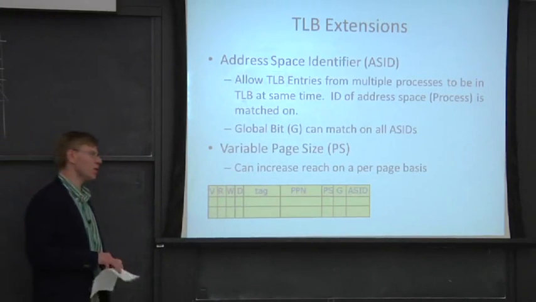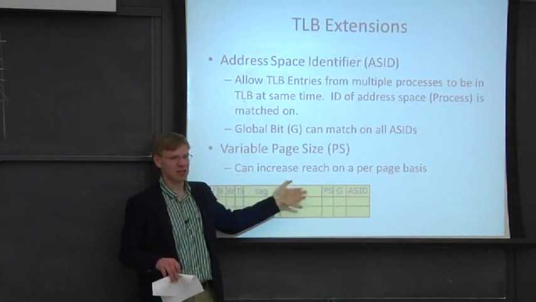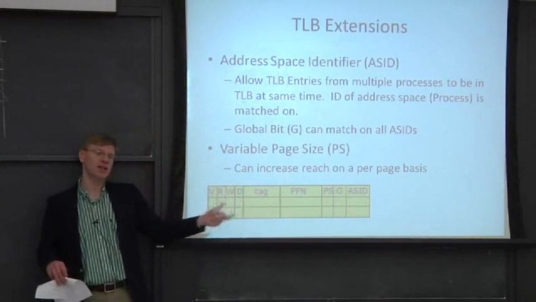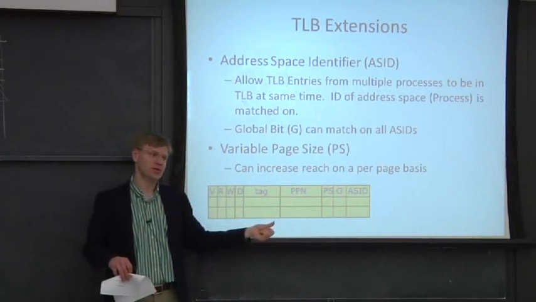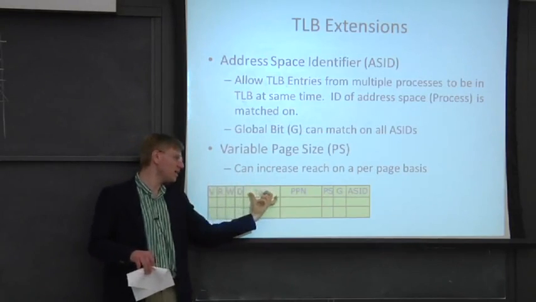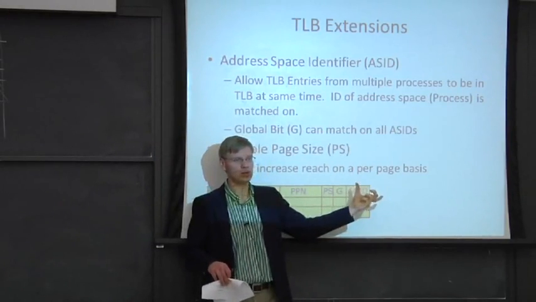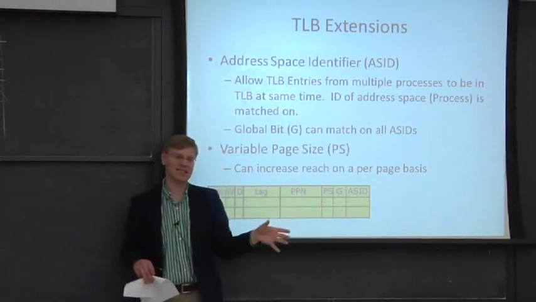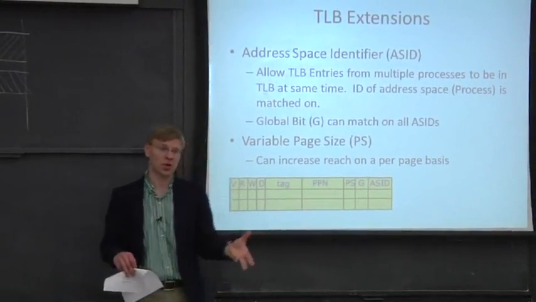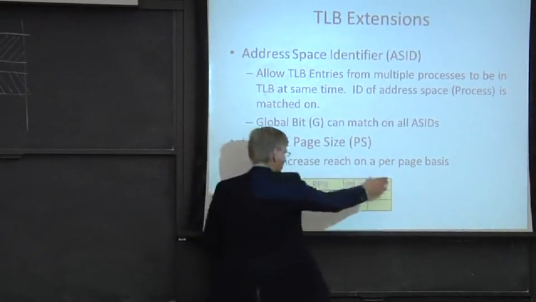So now we can commingle different processes' TLB entries. The address space identifier takes part in the associative lookup in the TLB. Our match operation checks the tag, and it checks to make sure our address space identifier is equal to a special register on the side, which holds the address space ID for the currently running process. So we're actually going to check this and that.